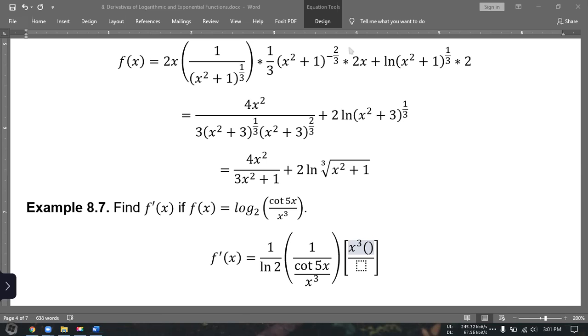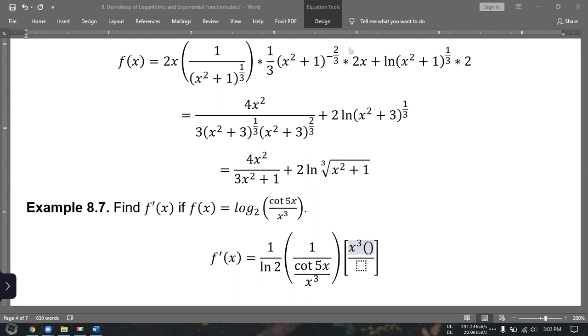Negative cosecant squared. Negative cosecant squared of u only, sir, or of 5x? Whichever. Negative cosecant squared 5x times 5. Okay, very good. Thank you, Brian.